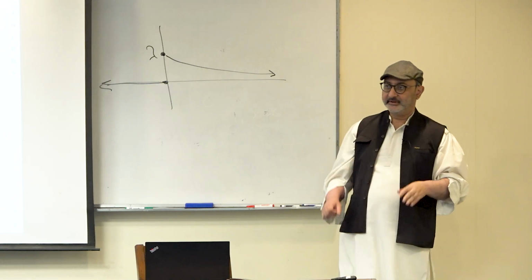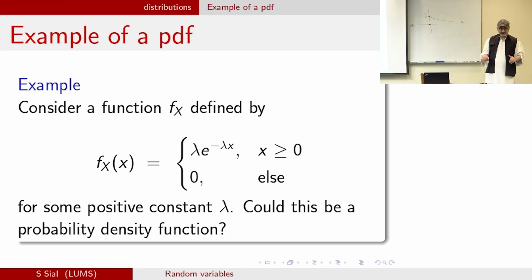Okay, so there's an example of a PDF for a particular kind of random variable, capital X. We're going to see this one again later. The graph looks like that, so it's got 2 pieces. It's 0 for the negative values of x, and then it drops off exponentially from lambda for the positive values of x.